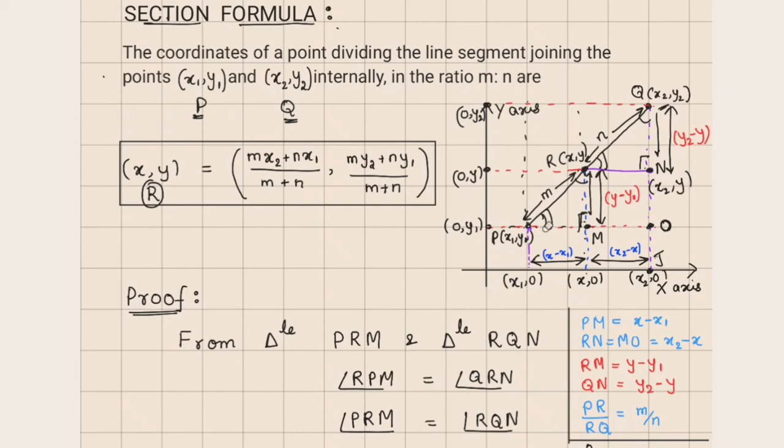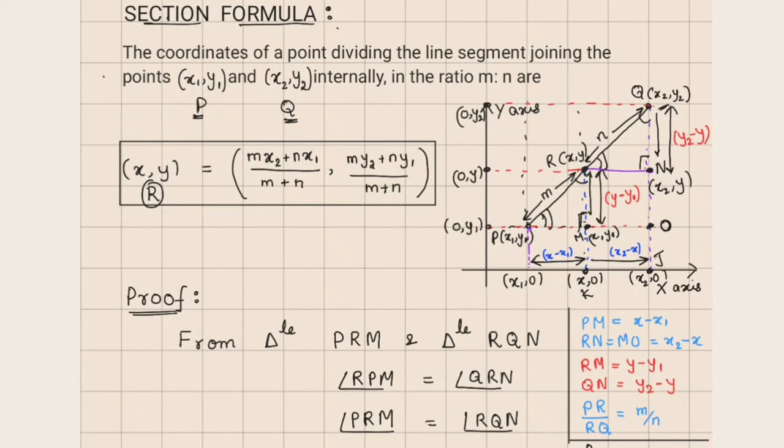Similarly, I have drawn a perpendicular from P to the line through R, and let's say this is K. So this point M will be x comma y1. So we got two triangles, PRM and RQN.